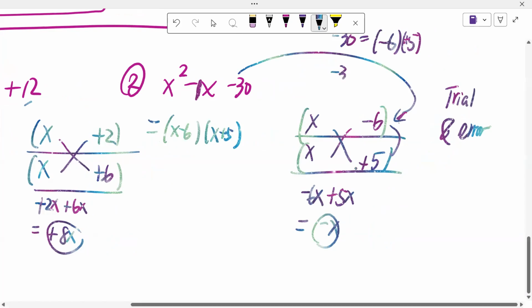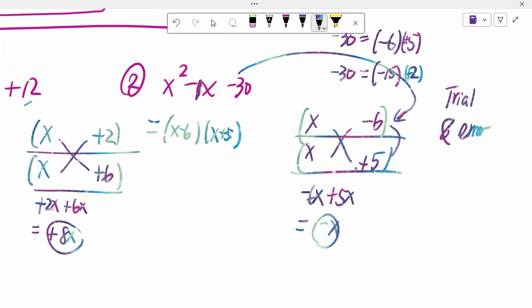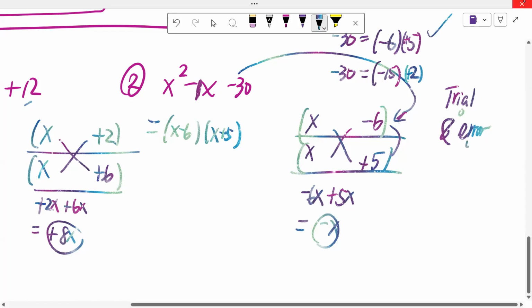Because negative 30 can be written as negative 15 times positive 2, but that's not a correct combination. You may try this one first, and then you realize that's not working. Then you try this one. So trial and error is kind of a necessary step to get a correct solution.